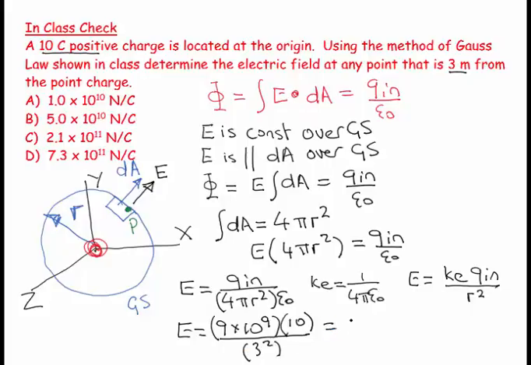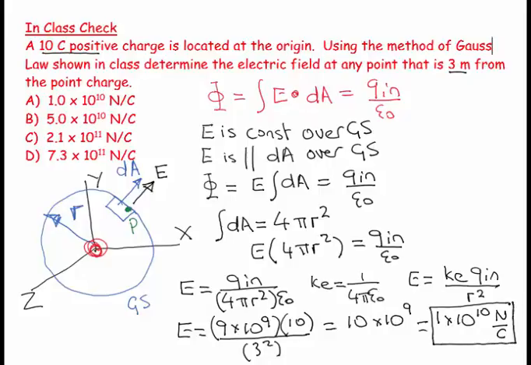So that's going to be 10 times 10 to the 9. Let's do that again. Is that right? Yep, which equals 1 times 10 to the 10. And the units are going to be newtons per coulomb because it's an electric field.